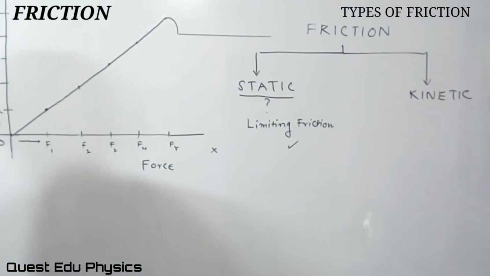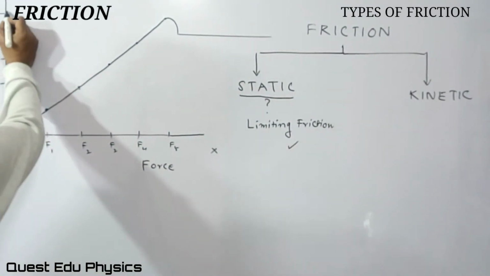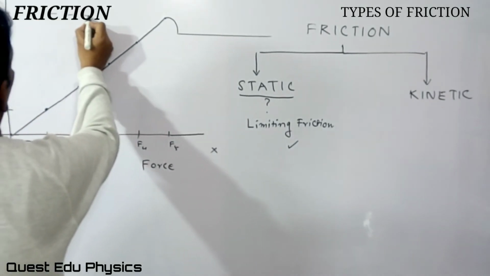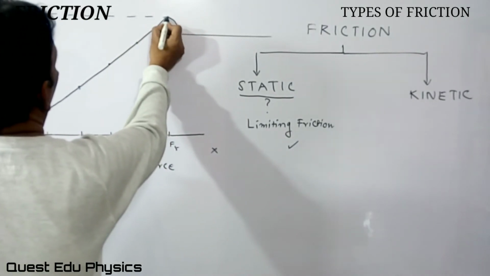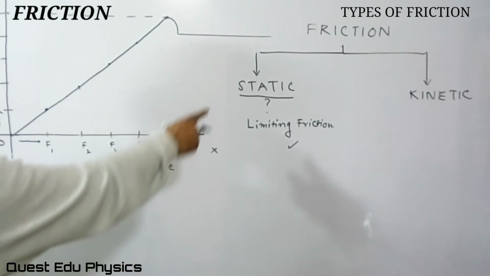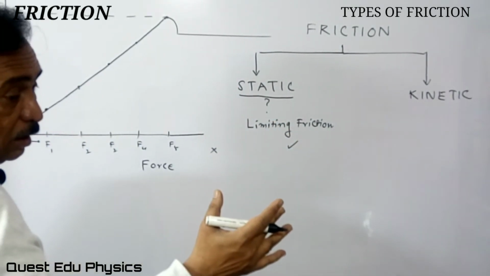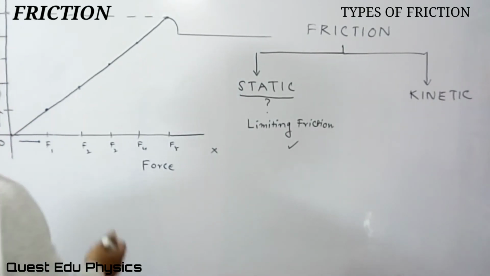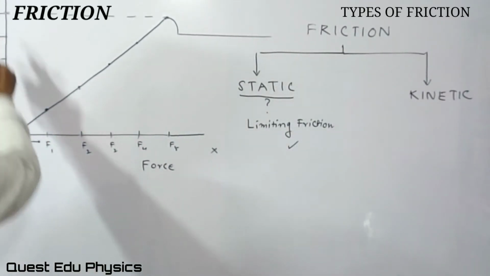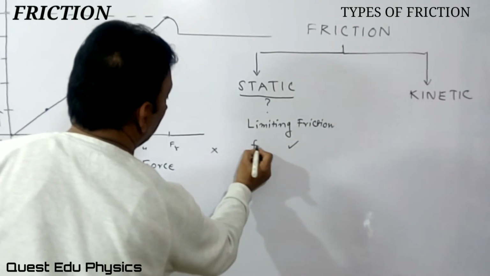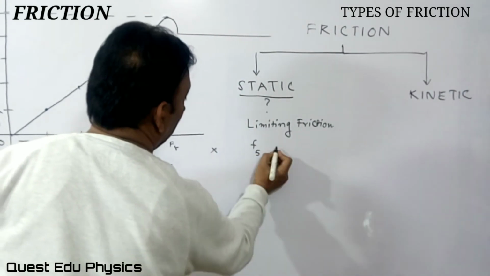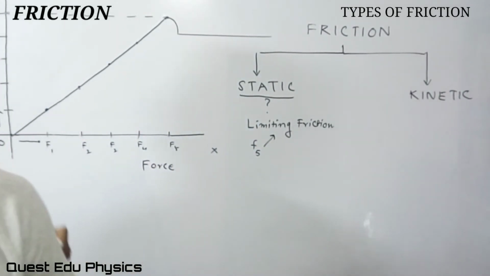Here, if you locate the point, it is the point where the body lost the capacity of opposing, and we call this Fl the limiting friction. In that graph, Fl is the limiting friction.